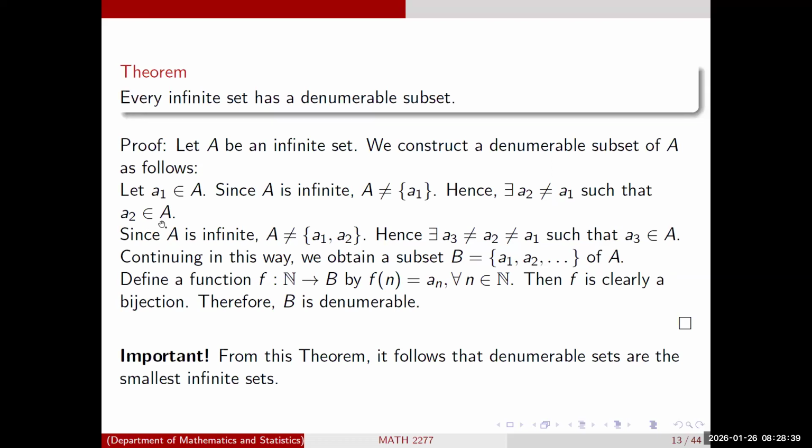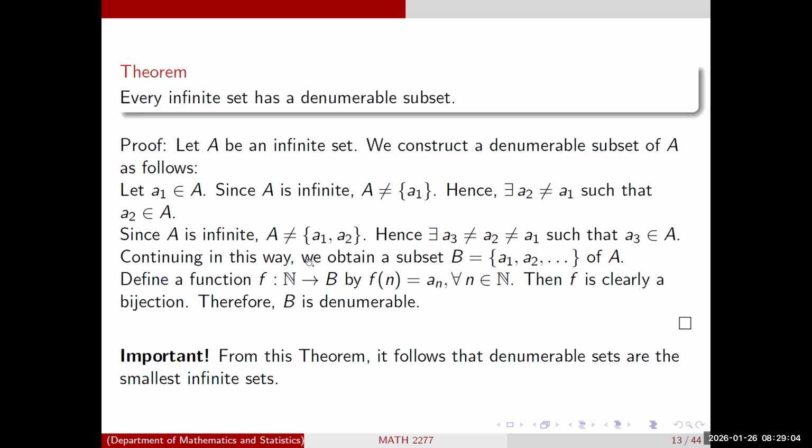Now again, since A is infinite, A cannot be equal to the set of A1 and A2. That means there must exist another element A3 different from A1 and A2, such that A3 is in A.